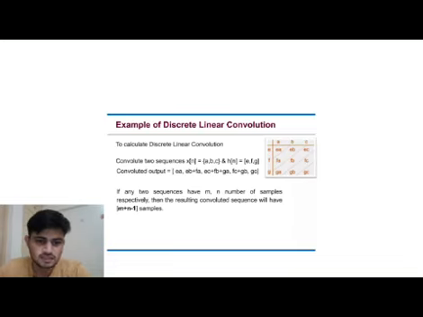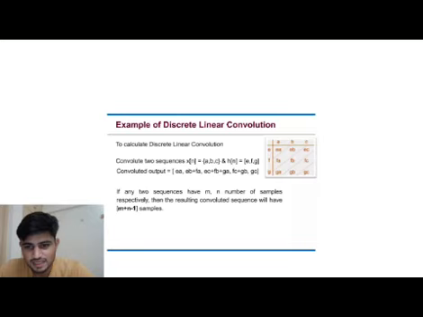We can see one example of discrete linear convolution. To calculate discrete linear convolution, convolve two sequences, and the convolved output will be there. This is a very simple method. We just have to convolve any two sequences.